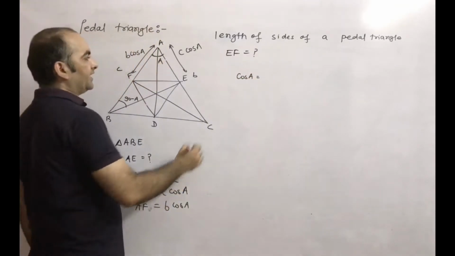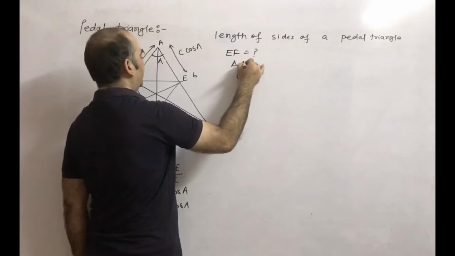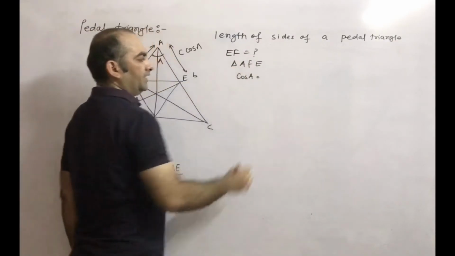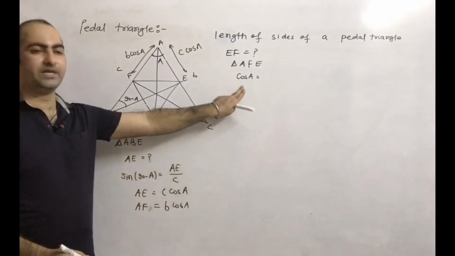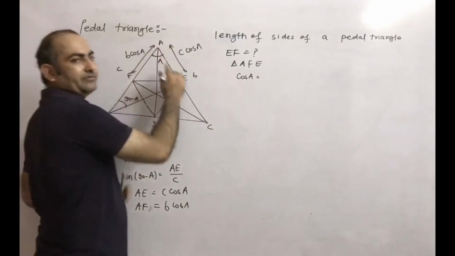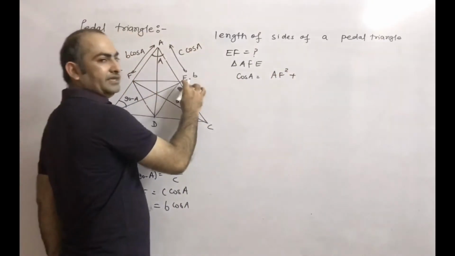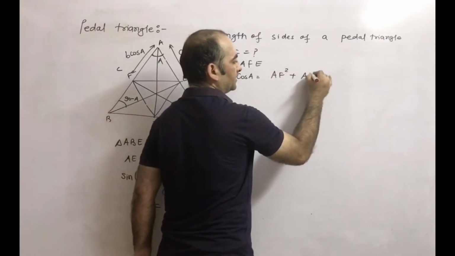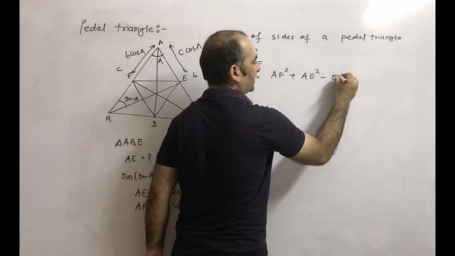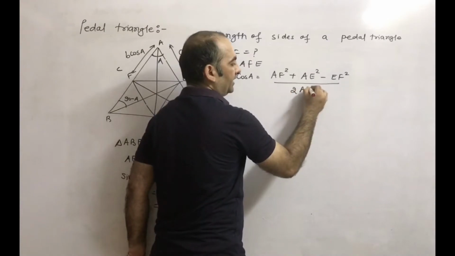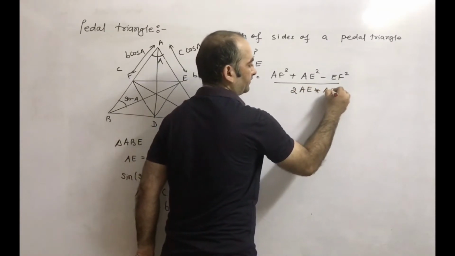We are taking triangle AFE. In triangle AFE, cos A equals AF square plus AE square minus EF square, which we have to find out, divided by 2 into AE into AF.